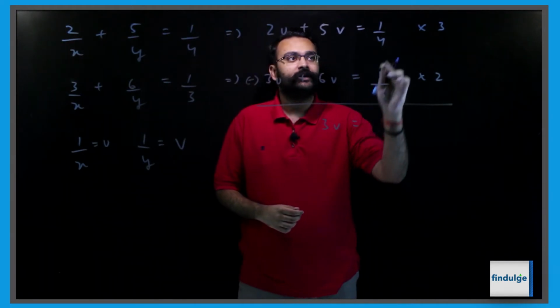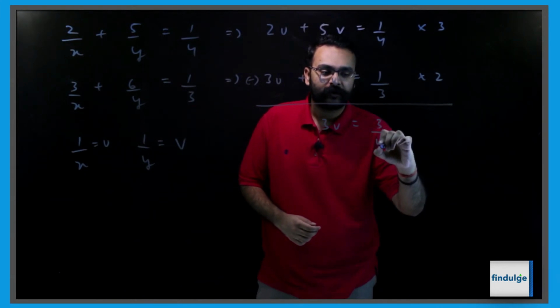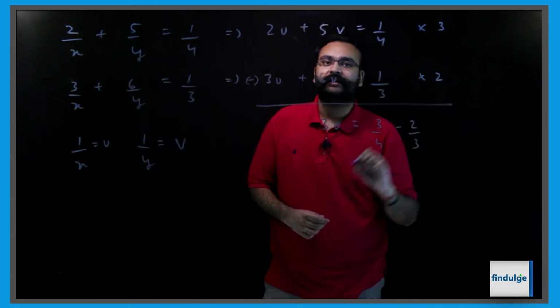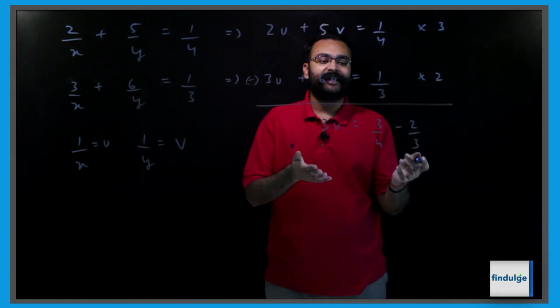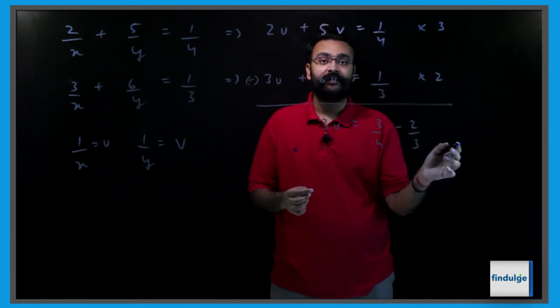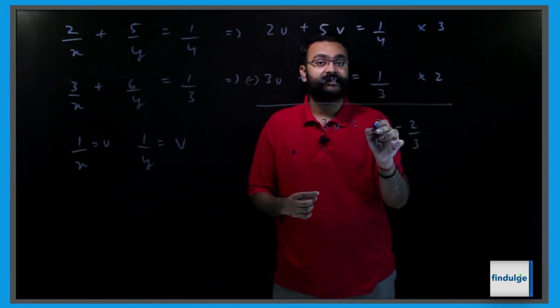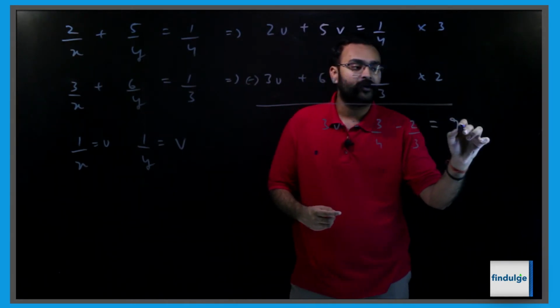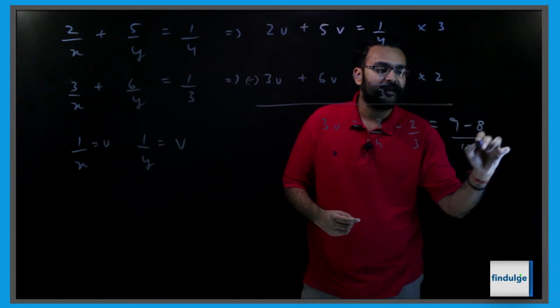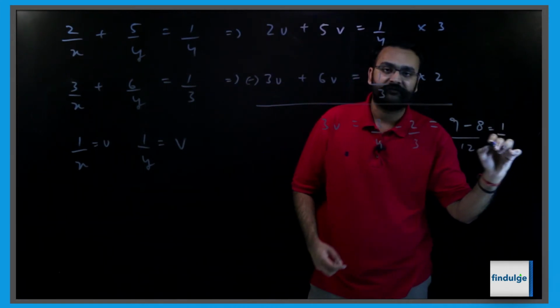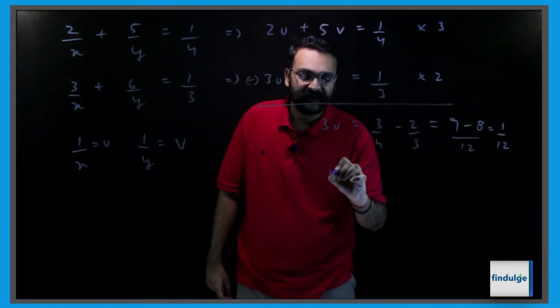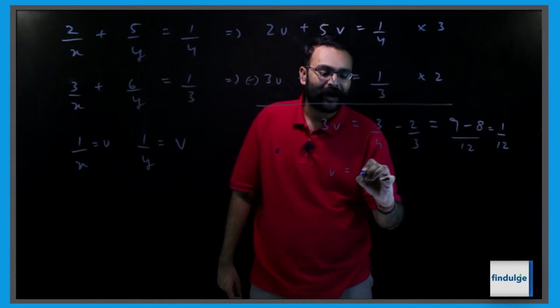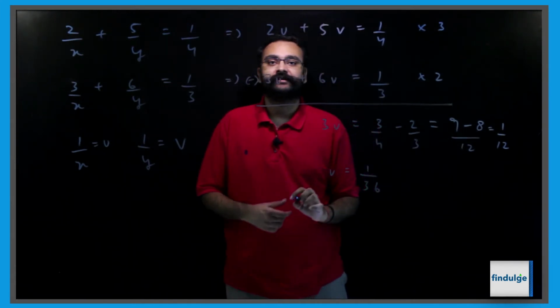And on this side, we'll get 3 by 4 minus 2 by 3. Which, if I take LCM, LCM is 12. This will get multiplied by 3, so 9. This will get multiplied by 4, minus 8 upon 12, or 1 by 12. And so v is equal to 1 by 36.